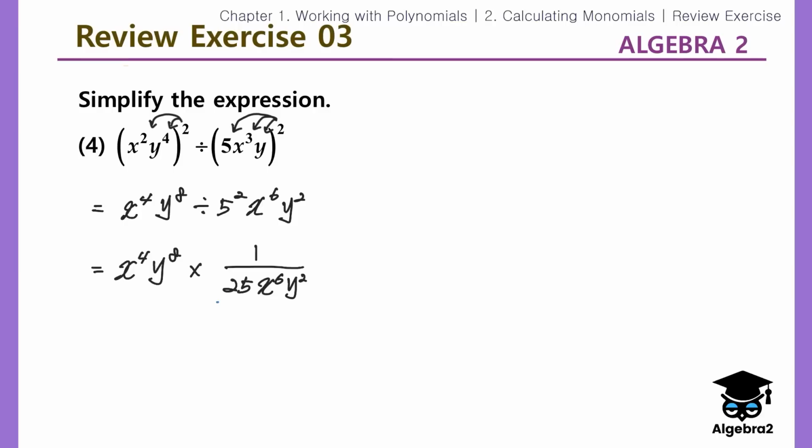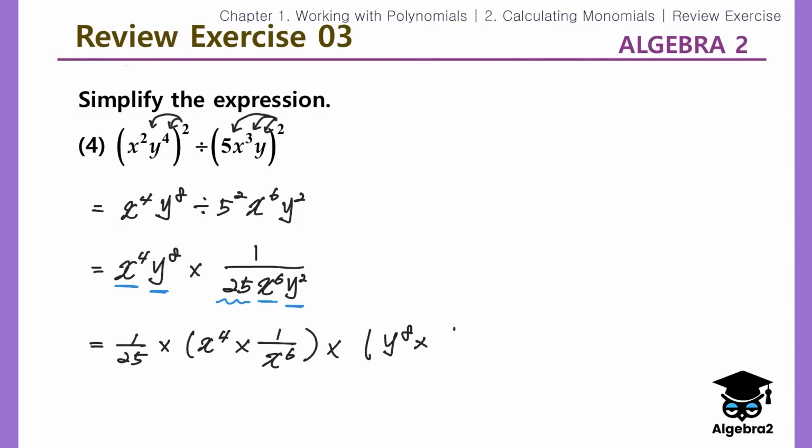So here we only have 1 over 25. So that is equal to 1 over 25 times variable x, x to the 4, 1 over x to the 6. So x to the 4, 1 over x to the 6, times we have y to the 8, 1 over y squared. So y to the power of 8 times 1 over y squared.